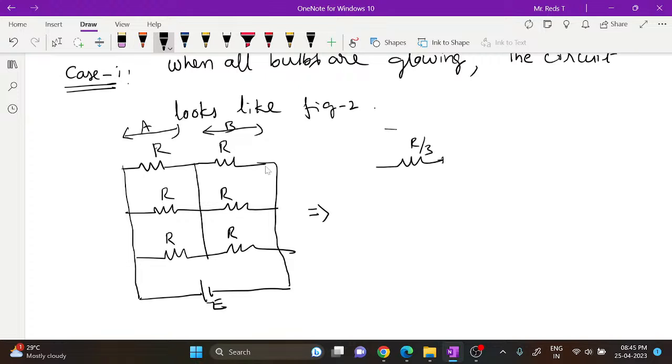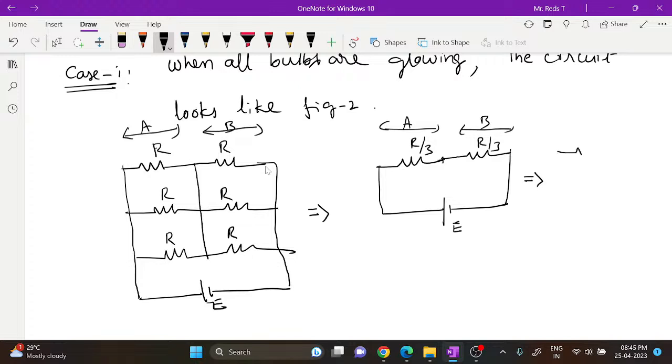Under section B, again three resistors are connected in parallel, and the equivalent is R, with the DC source of EMF E volts. This further reduces to a single resistor of equivalent resistance 2R by 3 connected to the cell of EMF E volts.